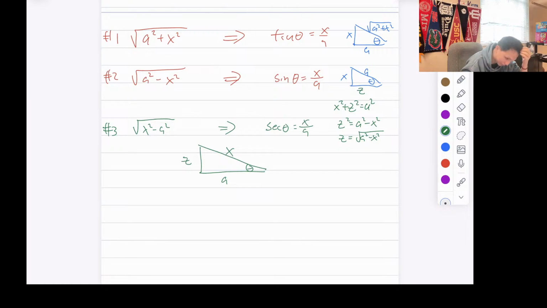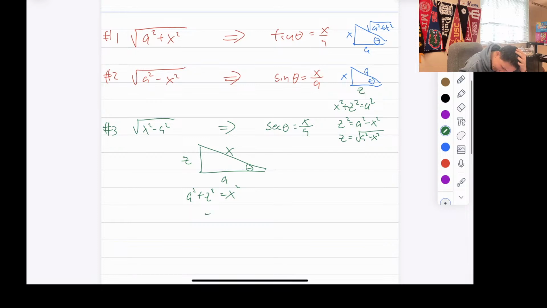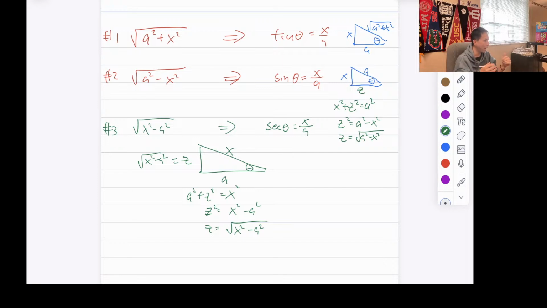So a squared plus z squared equals x squared, so z squared equals x squared minus a squared. So z is equal to the square root of x squared minus a squared. So if you ever have a similar format to those three, you're going to think about right triangle trig substitution.